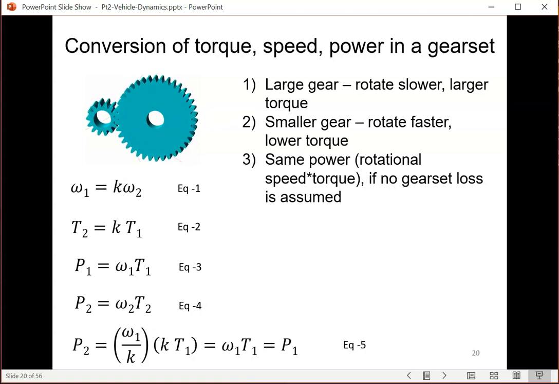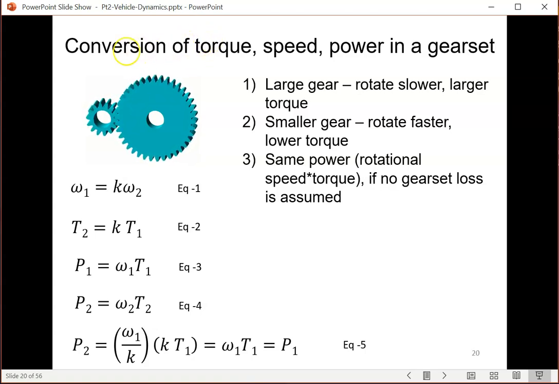But the mechanical power, which is the rotational speed times torque, will be the same if we assume no losses of the gear set. Now, the losses of gear sets can be quite small in general, so we assume an ideal condition where the losses are negligible.